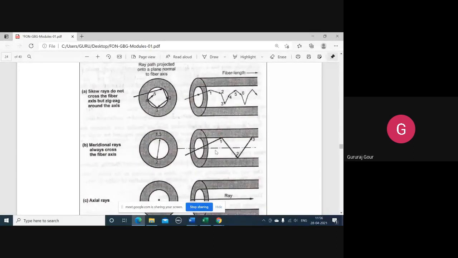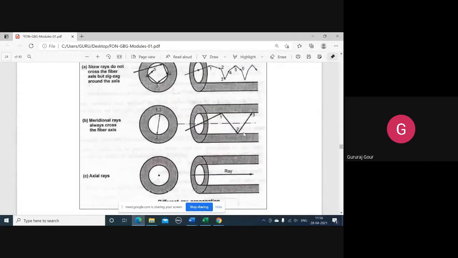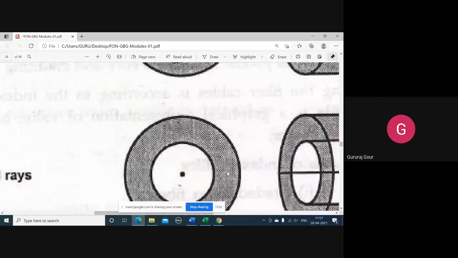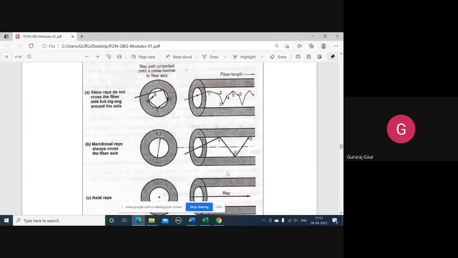The second is the meridional ray, whose path is defined. And the axial ray is neither reflected nor refracted, it just passes through. You can see in the front view it is just passing through the fiber axis through this point. That is what is known as the axial ray.